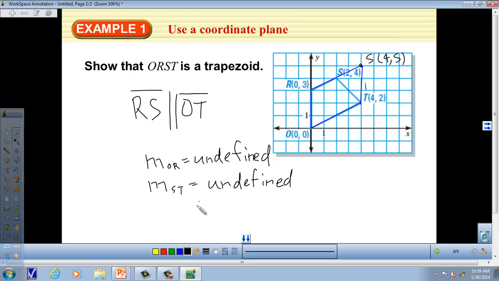Which means that OR is parallel to ST, and therefore it's a parallelogram.